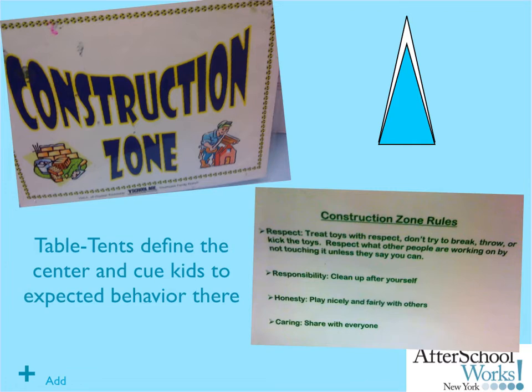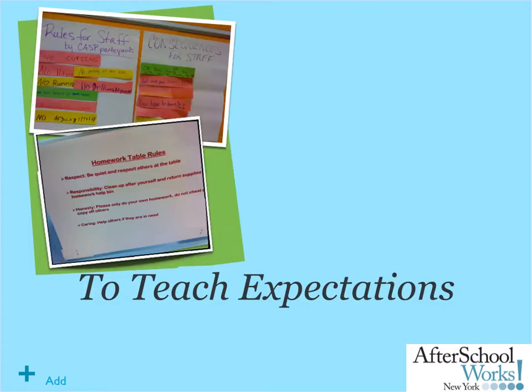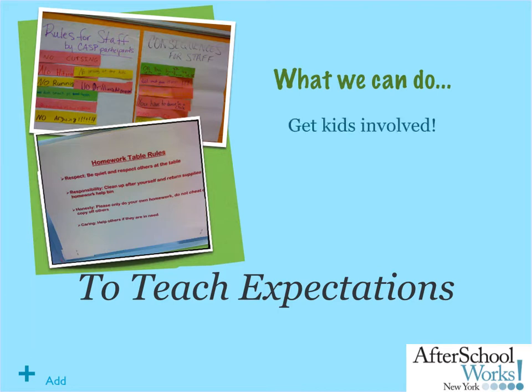So to teach expectations, then, we have a variety of things that we might be able to do. And here are some things I think we could make better use of often, and that's to get kids involved, not just in teaching the expectations, not just in creating the rules, but also in helping to post those rules and consequences and make sure that we do have this visual reminder, even if we have to put it up every single day.